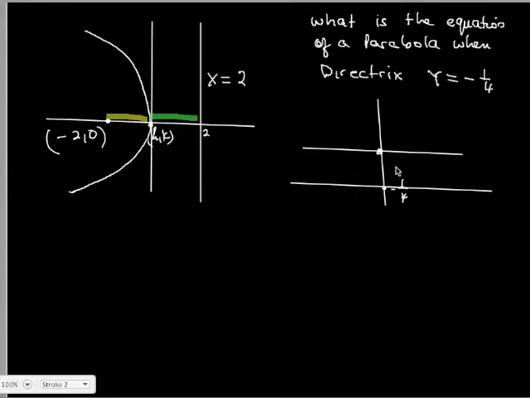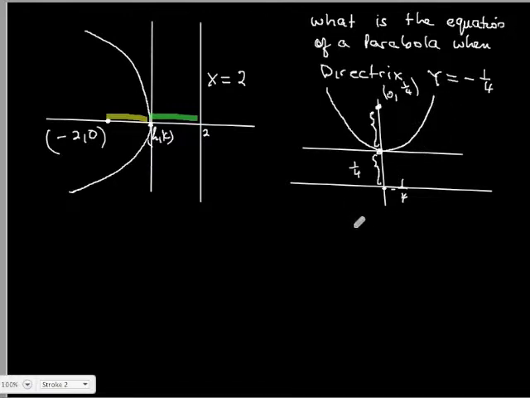Now, because this distance is 1/4, you know that an equidistance up here is going to give you the focal point. In this case, it'll be 0, +1/4. And because the focal point is inside the parabola, and this is the vertex, it follows that it is an up-facing parabola. And we have all the information we need.